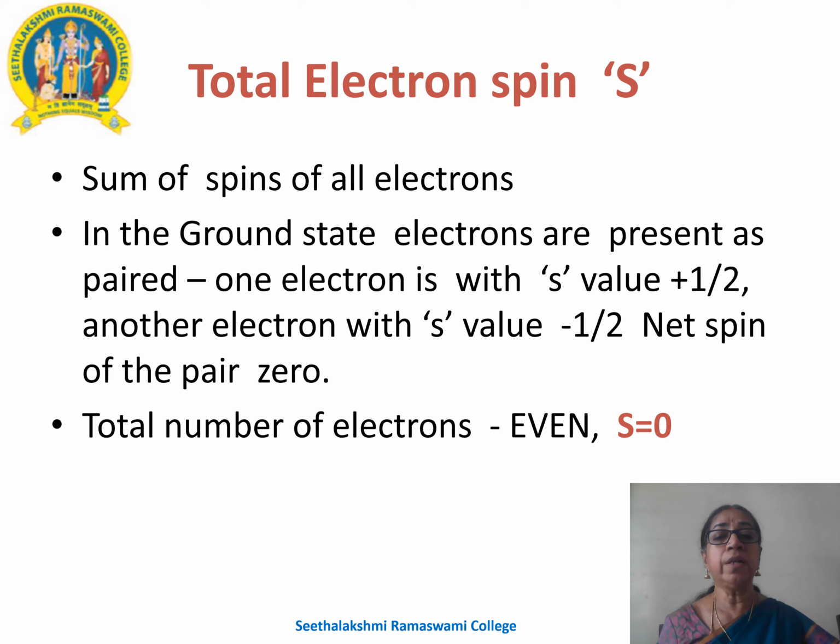That is, one electron must be with a spin value of plus half, and the other electron must be with a spin value of minus half. If the electrons are in the paired state, then the net spin value will be 0. That is, the total electron spin S is 0 in the paired state.